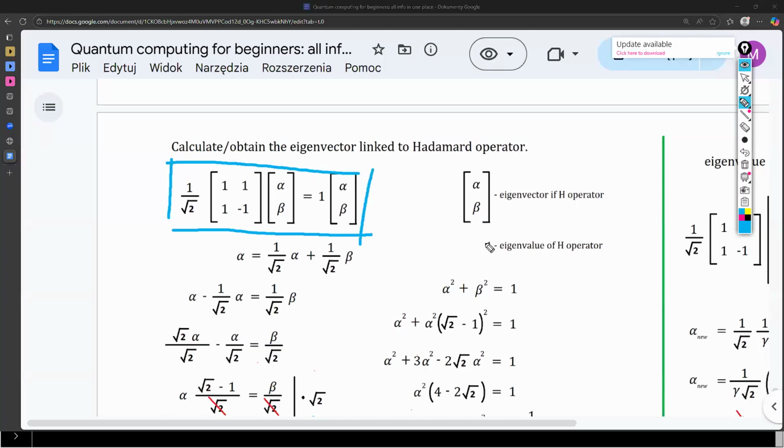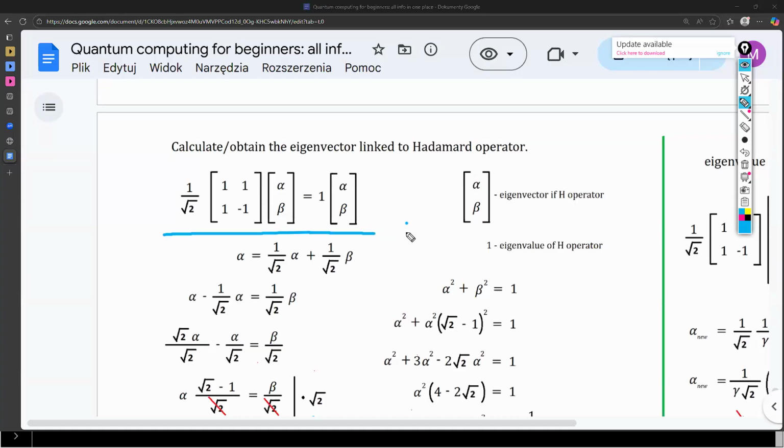This is pretty much the way you would calculate the eigenvector for any gate or operator, in general any matrix that acts on some vector, because this is general math. We have a certain operation that we have to obey.